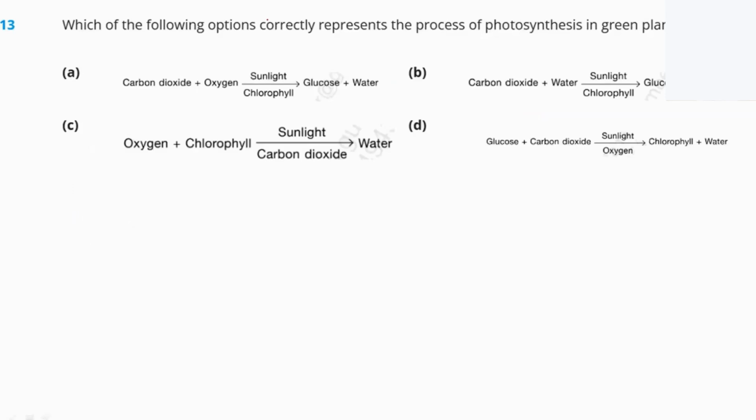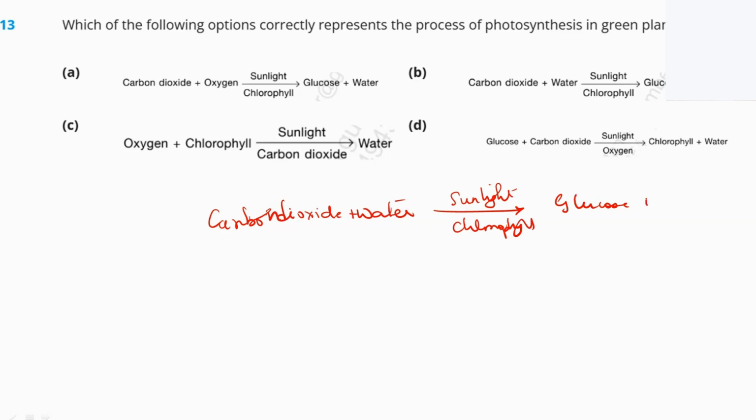Next, which of the following options correctly represents the process of photosynthesis in green plants? So, photosynthesis is a process in which carbon dioxide, along with water, in the leaves with the help of sunlight and chlorophyll, produces food, which is glucose, and oxygen.